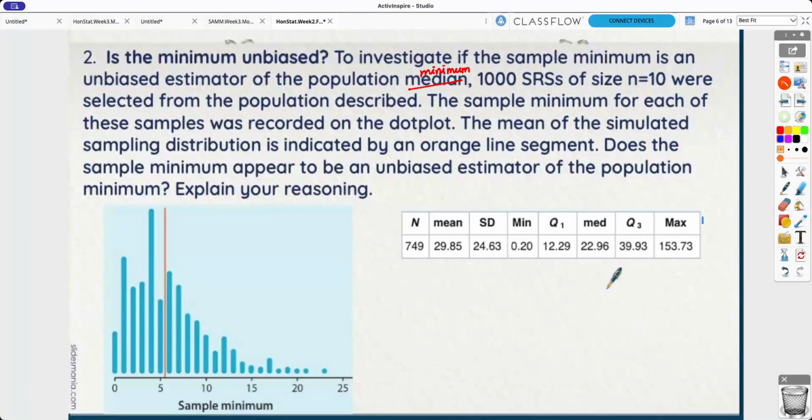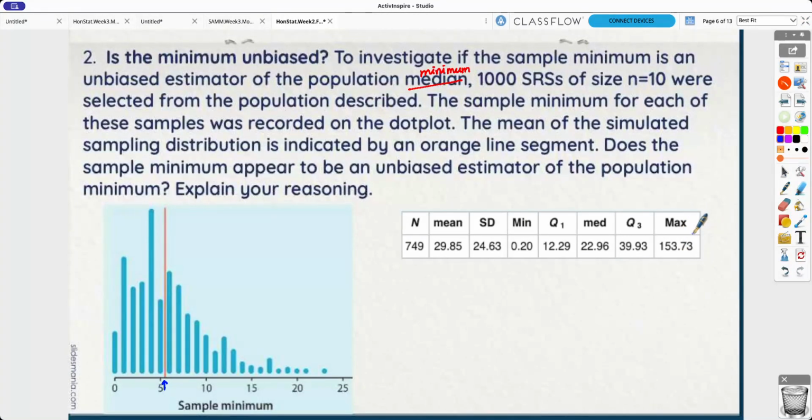To investigate if the sample minimum is an unbiased estimator of the population minimum, 1,000 SRS of size n equals 10 were selected from the population described. The sample minimum for each of these samples was recorded on the dot plot, and the mean of the simulated sampling distribution is indicated by the orange line. So I put down an arrow right here.